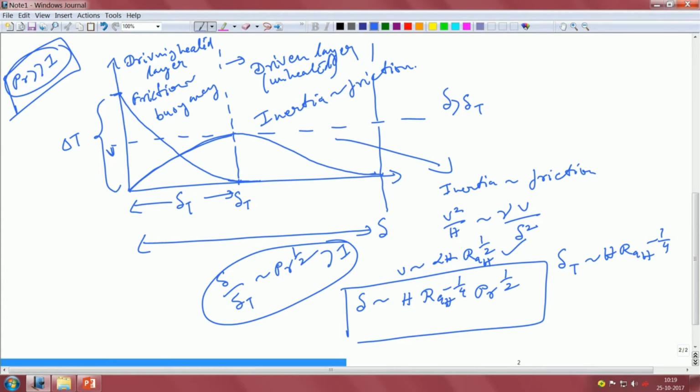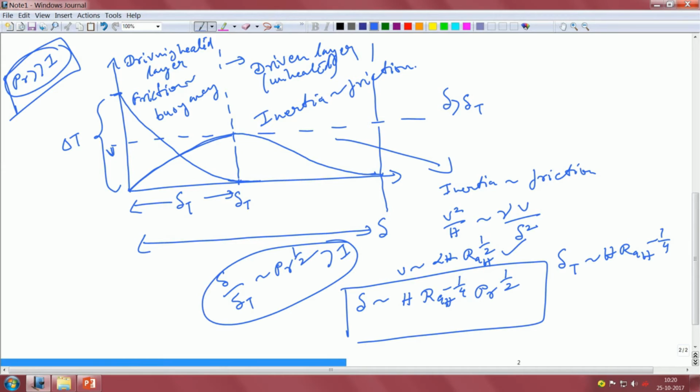Therefore, unlike in a momentum boundary layer, the velocity boundary layer is determined by two scales, delta and delta t. This is obvious because your momentum equation now has the inbuilt temperature, the body force term, in terms of temperature, the buoyancy.